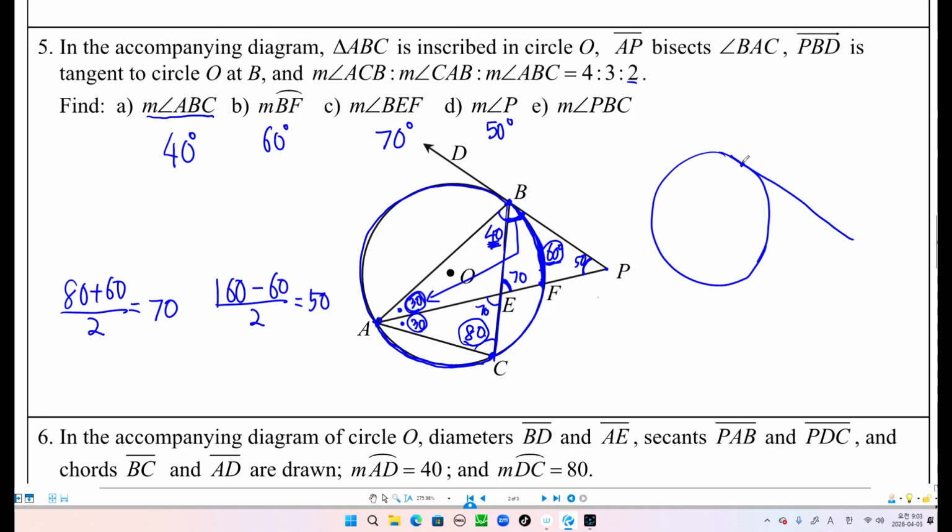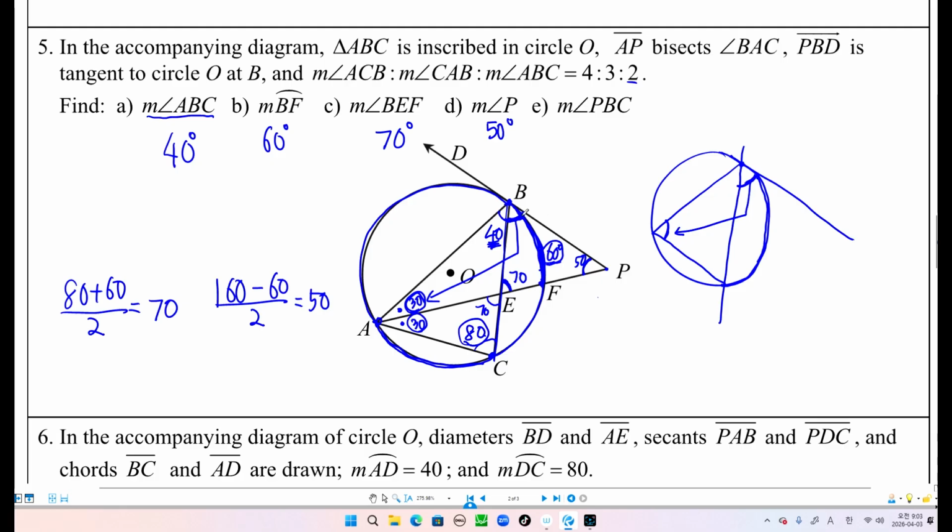The PBC here and another one over here, right? Okay. So this angle actually equals what? Half of this arc, right? Okay. So when you have it this way, it is actually equal to this inscribed angle, okay?